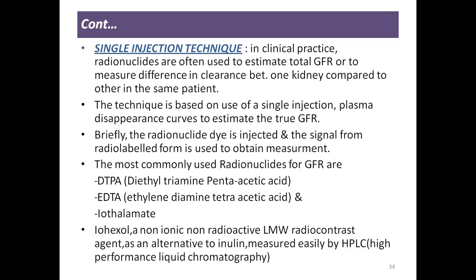Most commonly, we use EDTA and DTPA, that is diethylene triamine penta-acetic acid and ethylene diamine tetraacetic acid, and iothalamate. Iohexol, a non-ionic, non-radioactive, low molecular weight radio contrast agent, as an alternative to inulin may be used, measured easily by high-performance liquid chromatography.